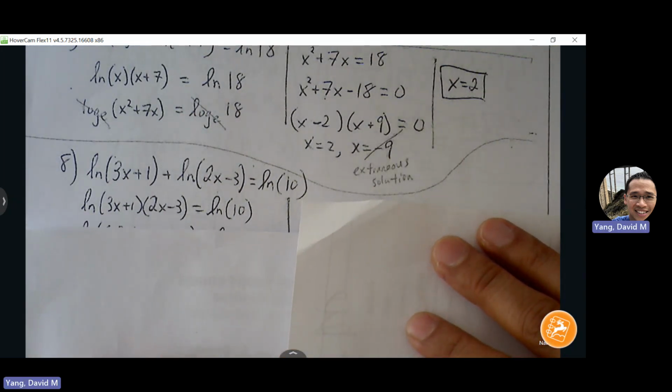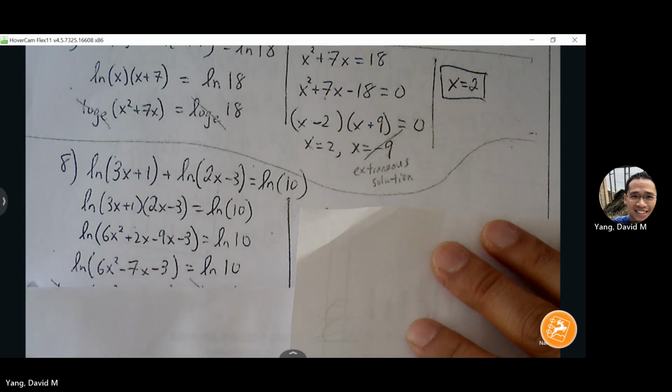Drop the natural log. And then we can just focus on the factoring portion.